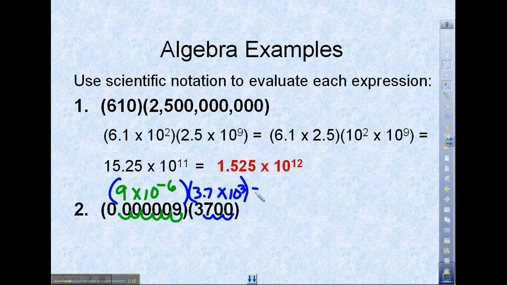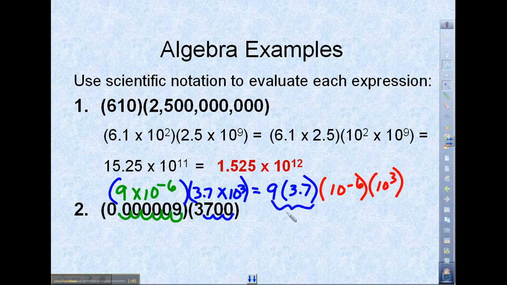If I rearrange things, I'm going to take 9 and multiply by 3.7, multiplied by 10 to the negative 6, multiplied by 10 to the positive 3 power. All right? So if I take 9 and multiply by 3.7, this piece right here becomes 33.3.